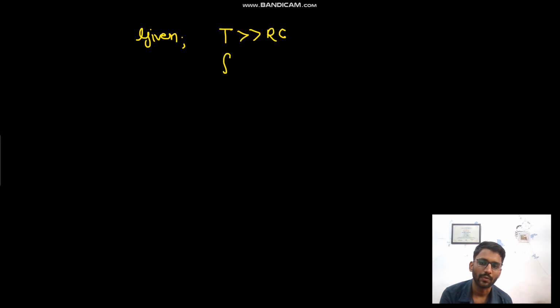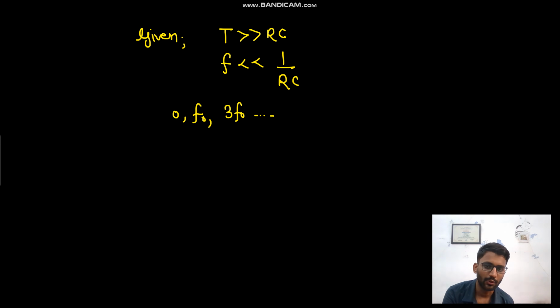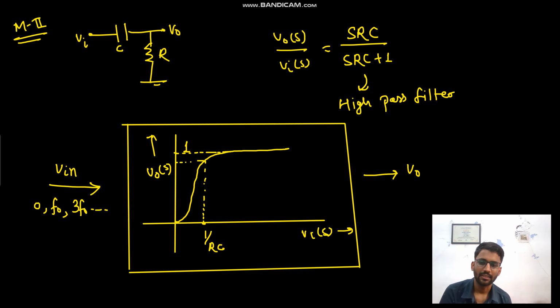What is given is that T is very much greater than RC, so your frequency is very much less than 1 by RC. So all these components 0, f0, 3 f0 are very much less than 1 by RC, so all these components will lie here, right? All these components will lie here.